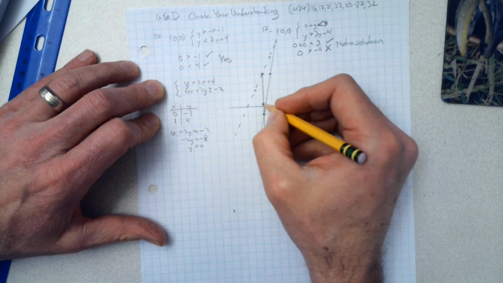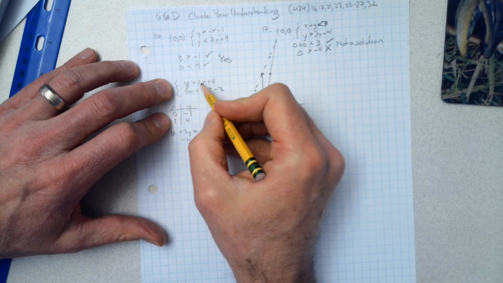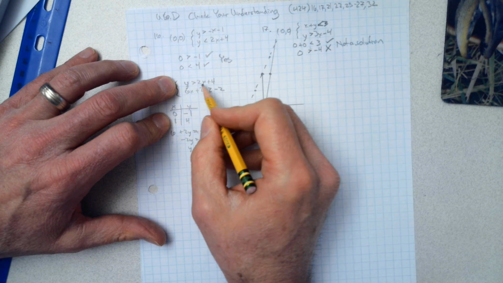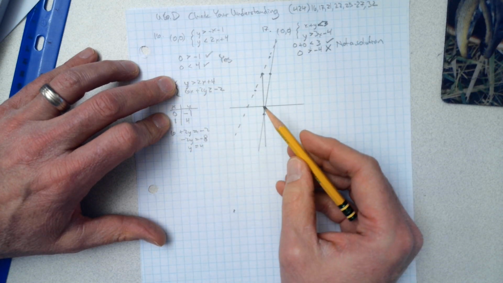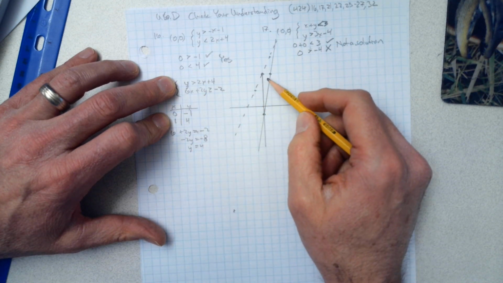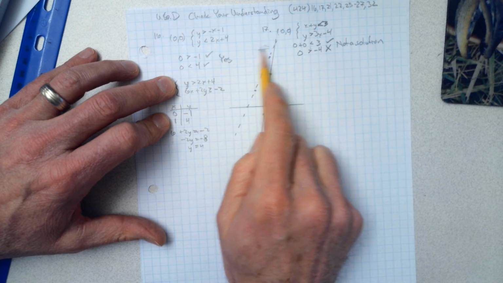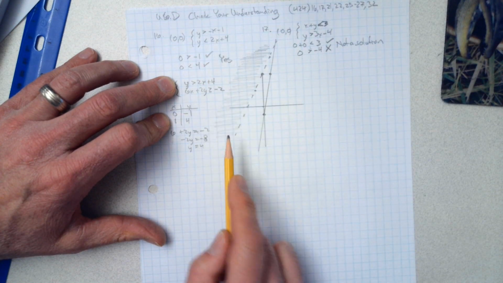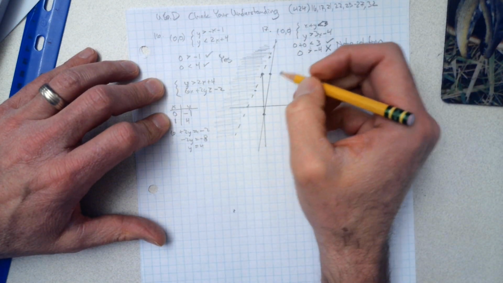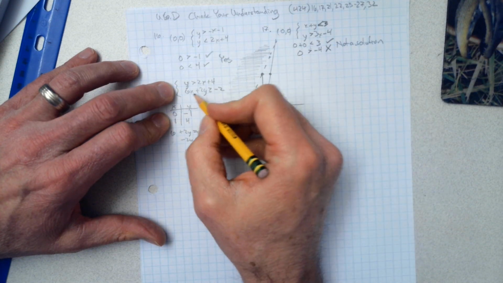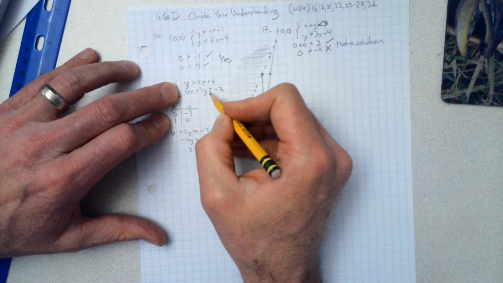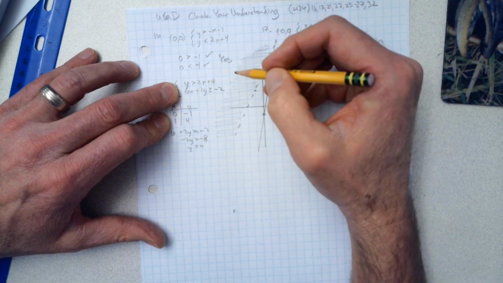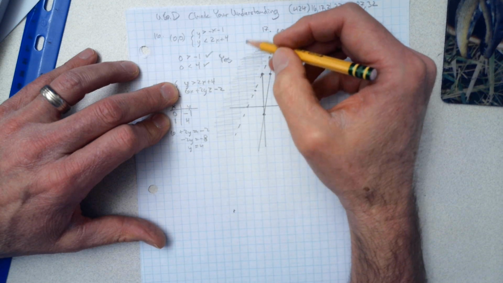Now, I didn't do my shading yet. So my first one, (0, 0) is not on this first line. If I put 0 in, just like I did in the previous problems, it would say 0 is bigger than 4, which is false. So for the dotted line, my shading should happen up here. I don't want to cover up the (0, 0). And for my other line, it also doesn't pass through (0, 0), but if I put 0 and 0 in there, I get 0 is greater than or equal to negative 2, which is true.